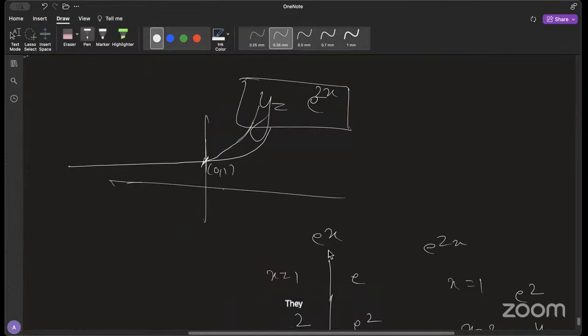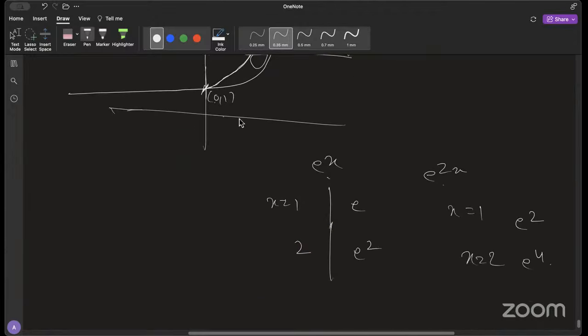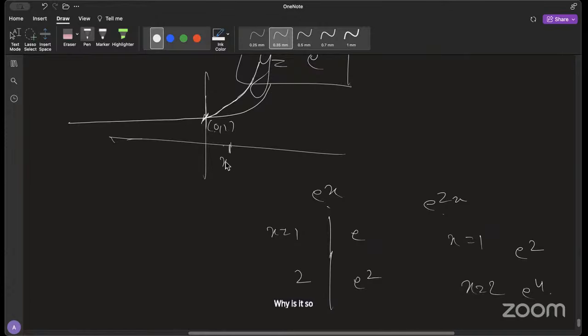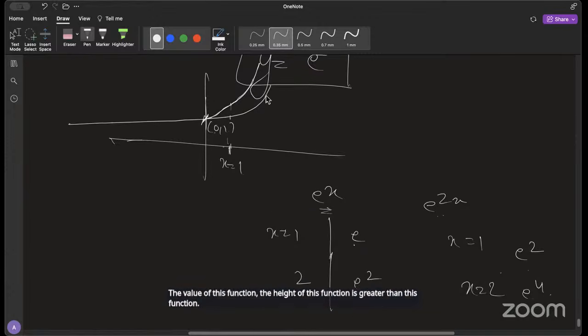They both intersect the y-axis at the same point 0, 1. But the change will be here. Why is it so? Because at x equals to 1, I have e for this graph, and here I have e square. E square is greater than e. That means at this point, the height of this function is greater than this function, right?